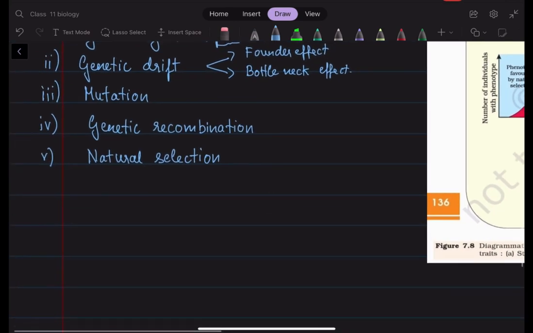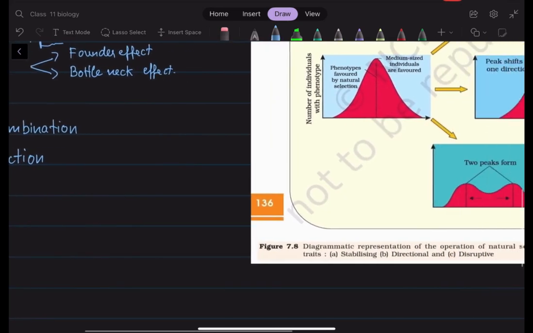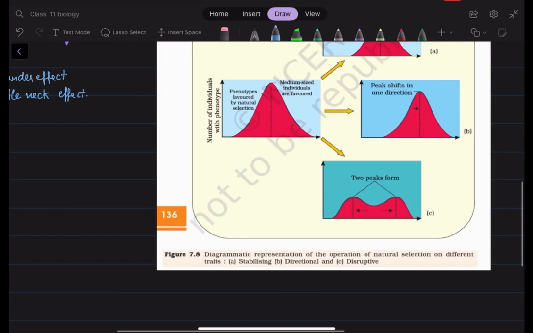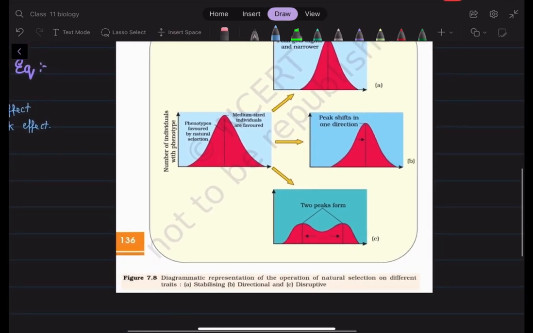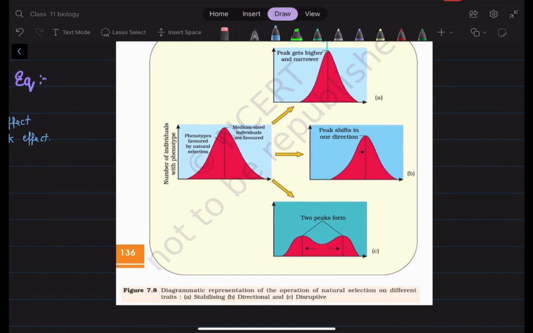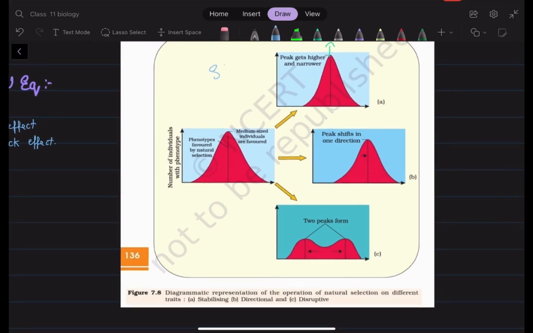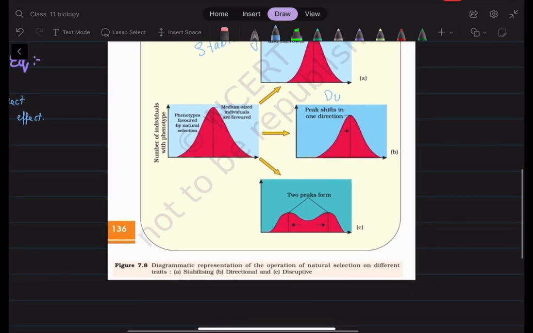So talking about nature favoring specific phenotypes, we have three different kinds of changes that we see when a particular phenotype or group of phenotypes are favored over the other. So we have three kinds over here. You can see we have one called stabilizing change, and we have directional change, and we have disruptive change.